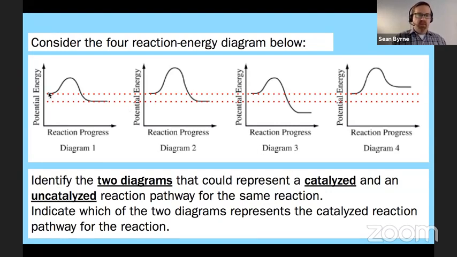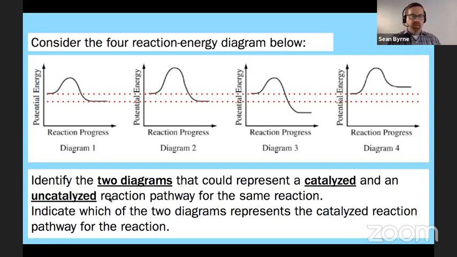So the difference between our reactants and products is the same for diagram 1 and diagram 2, but diagram 3 is much more exothermic than these 2, and diagram 4 is endothermic compared to these. A catalyst is not going to change our reactants to products, it just changes how they get there.